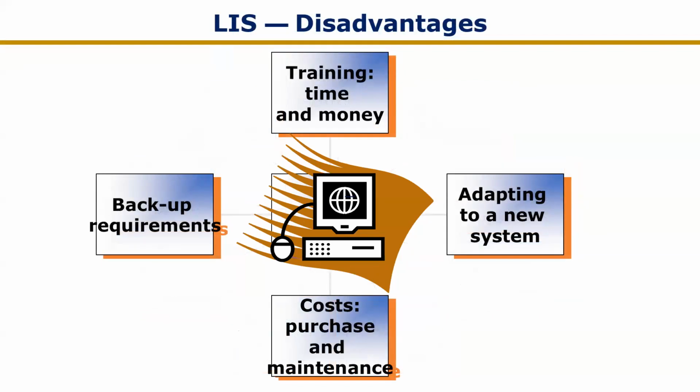So for example, training, the time and money. And especially this is true at a time of transition, where some who are used to doing paper-based information management may not buy in, or may have a hard time transitioning themselves to a computer-based information system.